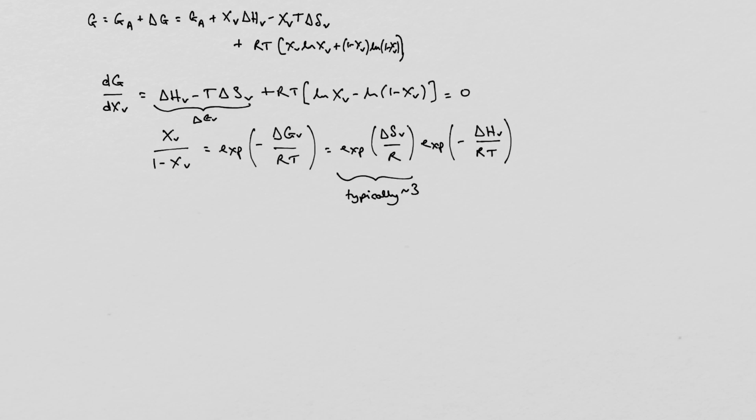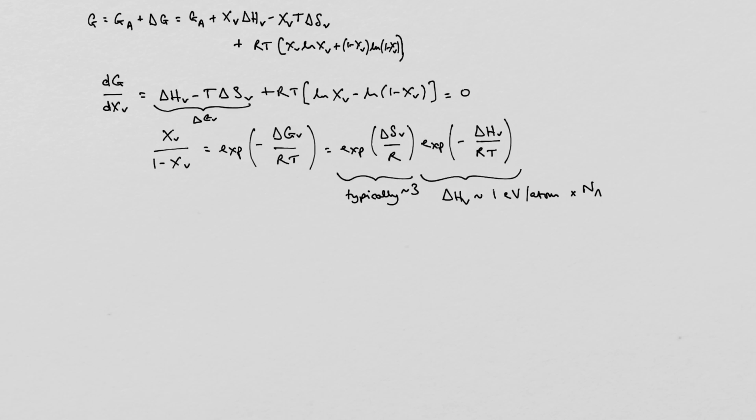Okay. The first term, the contribution from the entropy, is typically of order something like 3. The second term, this one here, well, delta HV is typically of the order of an eV per atom, times, of course, Avogadro's number.